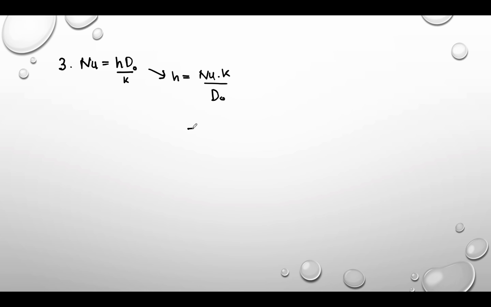Okay, your Nusselt number is 49.3, times K, which is 0.02808 watt per meter dot Kelvin, divided by the diameter of your tubes or cylinder or pipe, which is 0.015 meter.